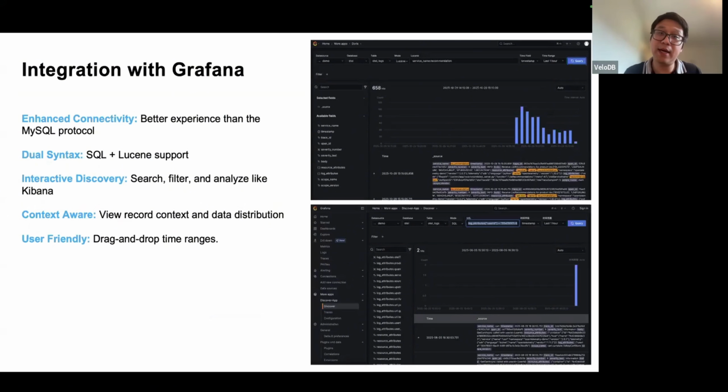And this can be done through the Grafana interface or even in the VeloDB console itself. We also have interactive discovery, very much like Kibana, so that you can search, filter, and analyze logs, traces, and metrics, as well as get all of the context around that information.